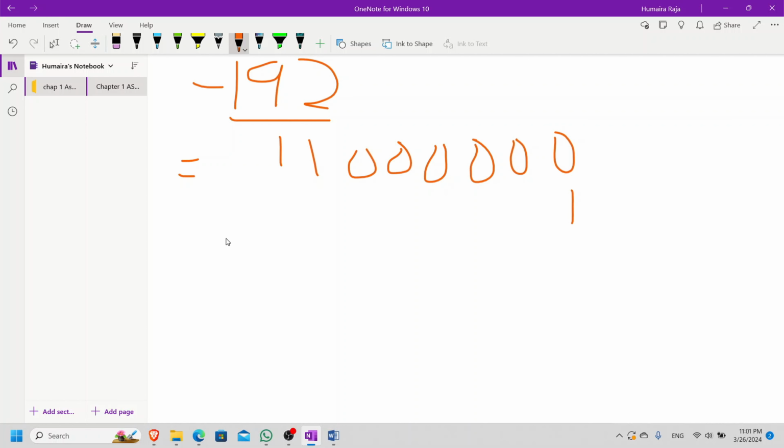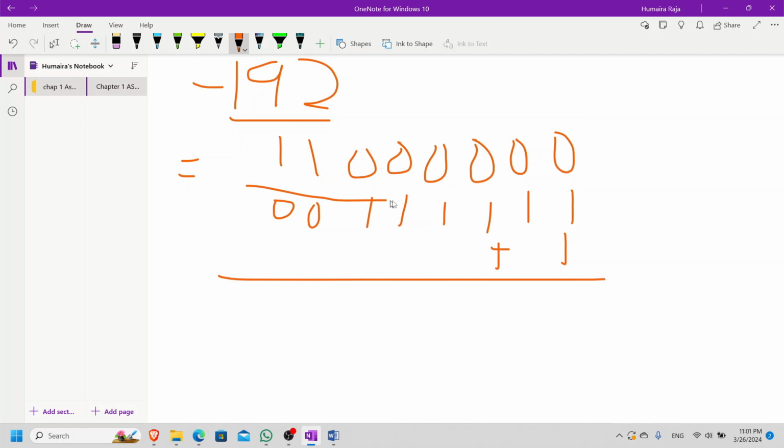So for representing minus 192, first I have to convert it into its binary number, ignoring the minus sign. Then I will convert it into its 1's complement by inverting all the digits. And then I will add plus 1 over here.